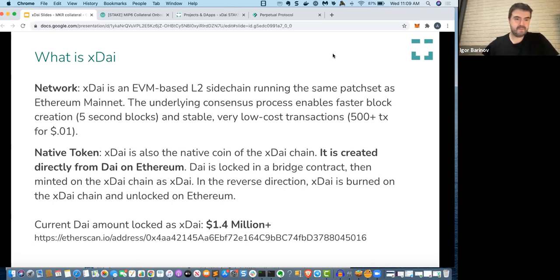And as far as I know, it's the only proof of stake consensus which is included in core Ethereum clients. Right. So there are some POA consensuses, there are some proof of work consensuses, which is Ethash, but xDAI's consensus, which is called POSDAO, is the only proof of stake consensus which is included in two core Ethereum clients.